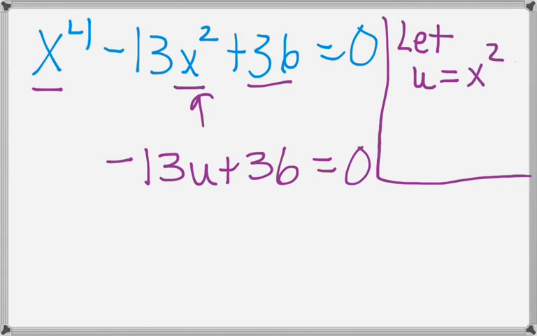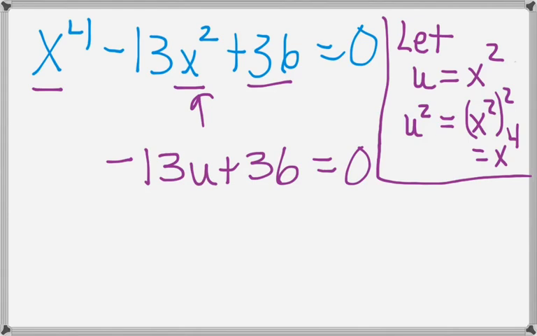Now if u is equal to x squared, then that means that if I square both sides, if I square u, I'm squaring x squared, which we already said is the same thing as x to the fourth, which we see in the first term.